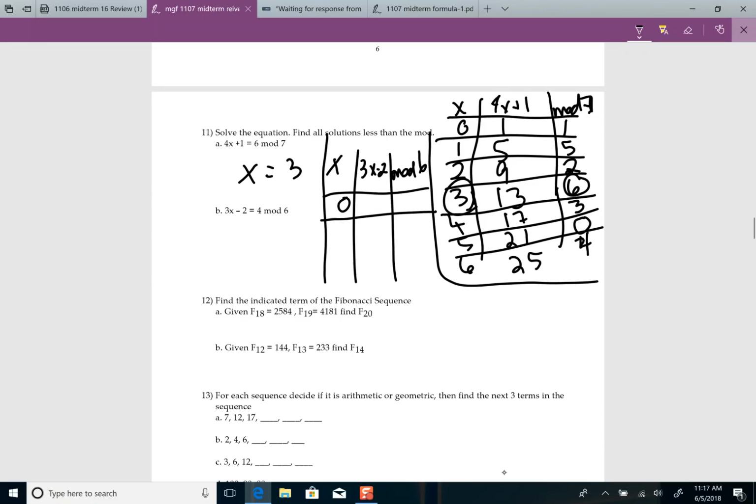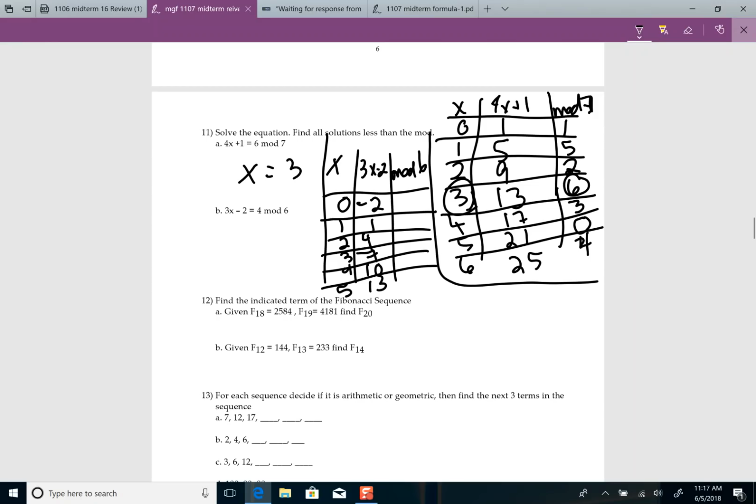So I have 0, 1, 2, 3, 4, and 5. I do 3 times 0, which is 0, minus 2 is negative 2. 3 times 1 is 3, minus 2 is 1. 3 times 2 is 6, minus 2 is 4. 3 times 3 is 9, minus 2 is 7. 3 times 4 is 12, minus 2 is 10. 3 times 5 is 15, minus 2 is 13.